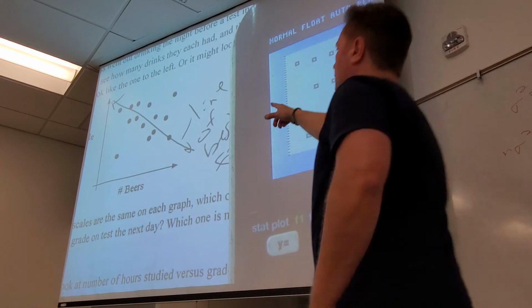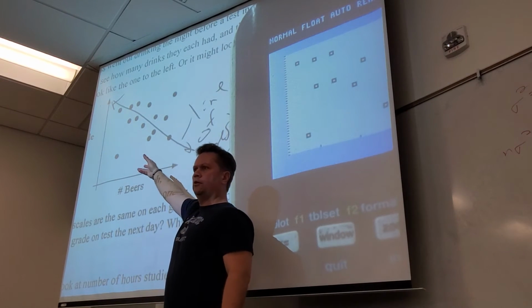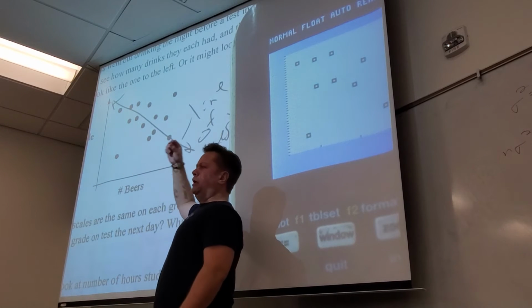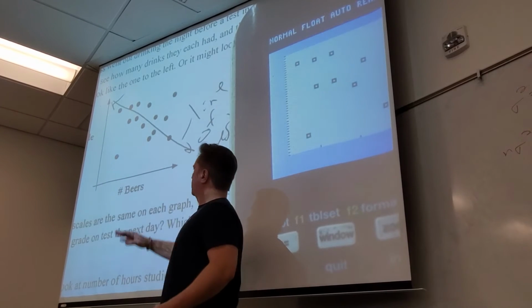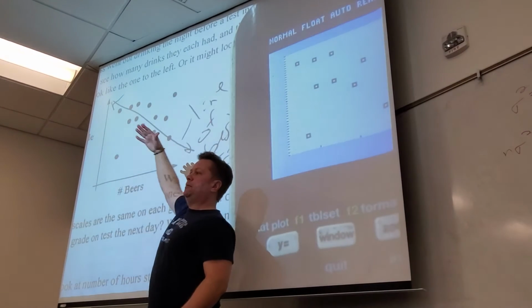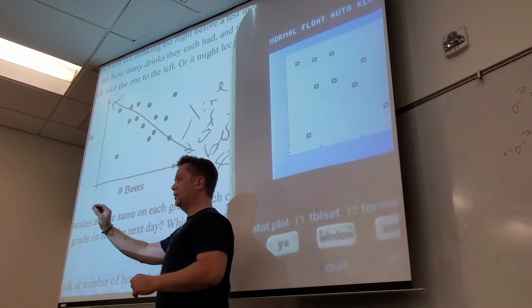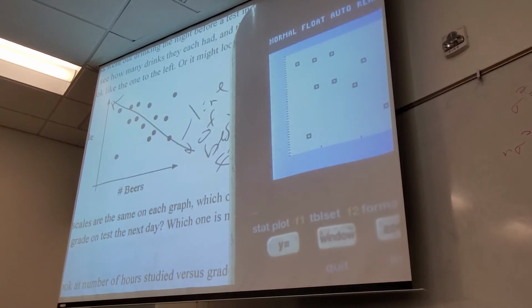What did we say about the strength of this? Should it be very strong? No. It's negative. -1 would mean it's so strong it's perfect, right? So this is definitely going to be closer to 0. But it's still going to be a little bit negative, which is exactly what we see. What do you guys get for your R value?